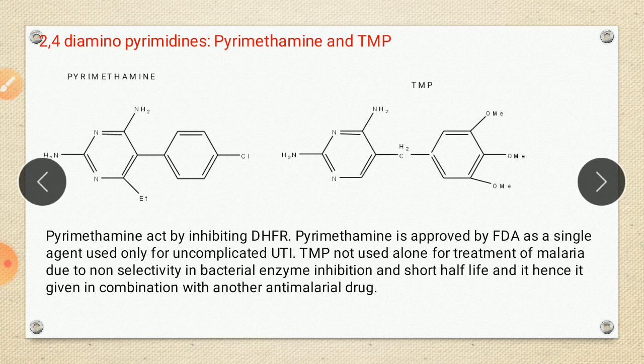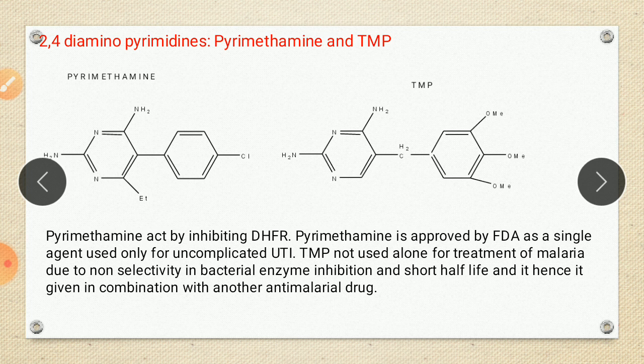However, the parasite can develop resistance due to alteration of alternative metabolic pathway. Trimethoprim is approved by the FDA as a single agent used only for uncomplicated urinary tract infection.